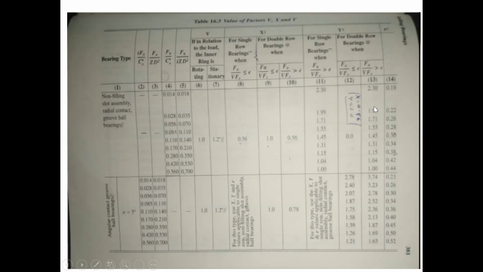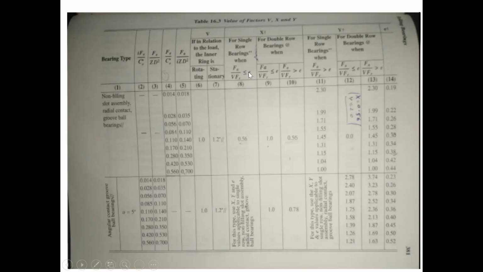So by using this value of e, we compare whether Fa upon V Fr is greater than e or less than e. If the value of Fa upon V Fr is greater than e, then X will be equal to 0.56. Mind it, this sign is incorrect in your machine design data book.